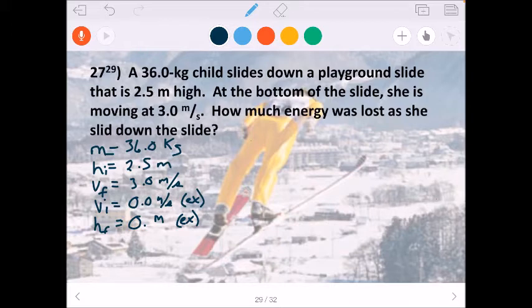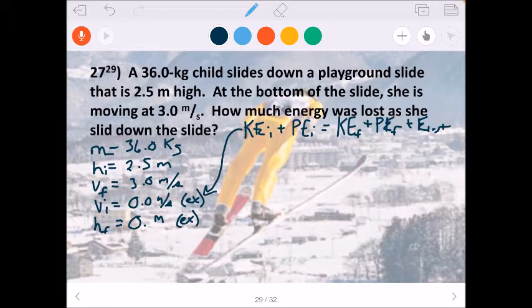So I know that my initial kinetic energy plus my initial potential energy should be equal to my final kinetic energy plus my final potential energy plus any energy that is lost. In this particular case, my initial kinetic energy is going to be 0 because my initial velocity is 0.